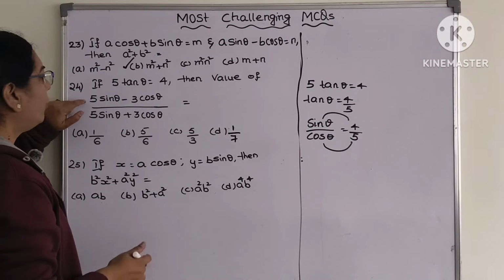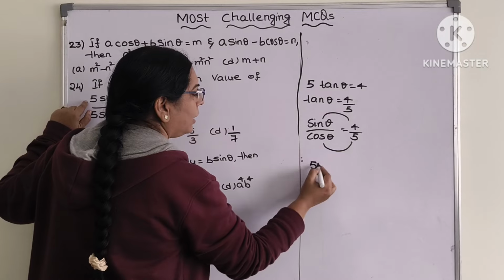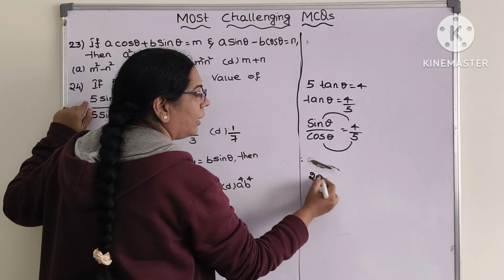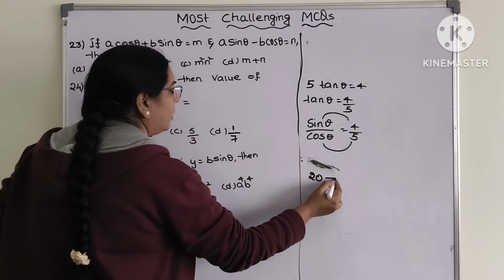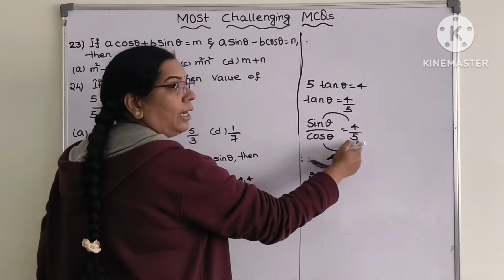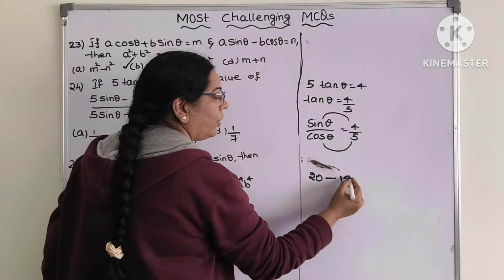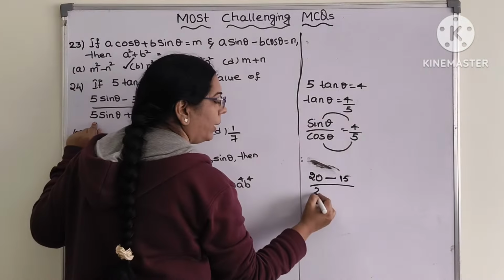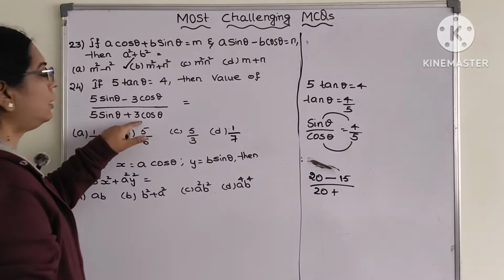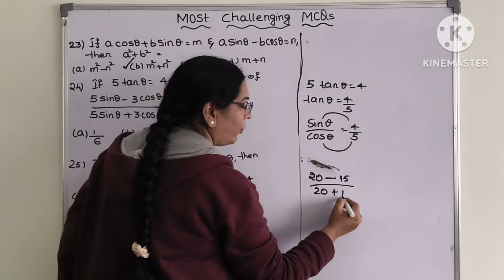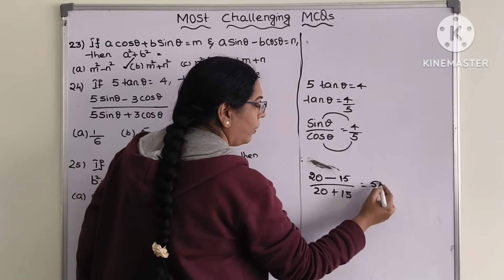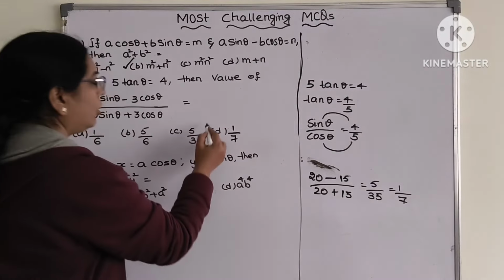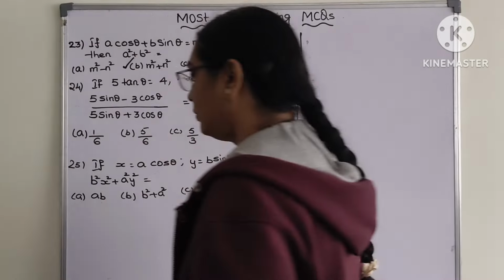Substitute the values here. 5 into sin theta, sin theta is 4, 5 fours are 20, minus 3 into cos theta, 3 fives are 15, divided by 5 sin theta, 5 fours are 20, plus 3 cos theta, 3 fives are 15. So this will be 5 by 35, which is 1 by 7. So the correct option is option D.